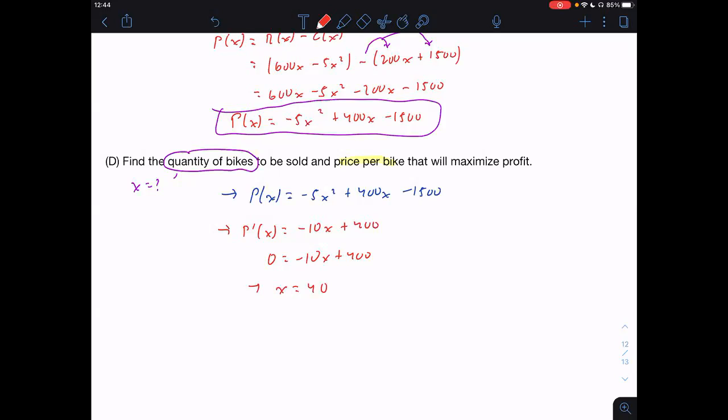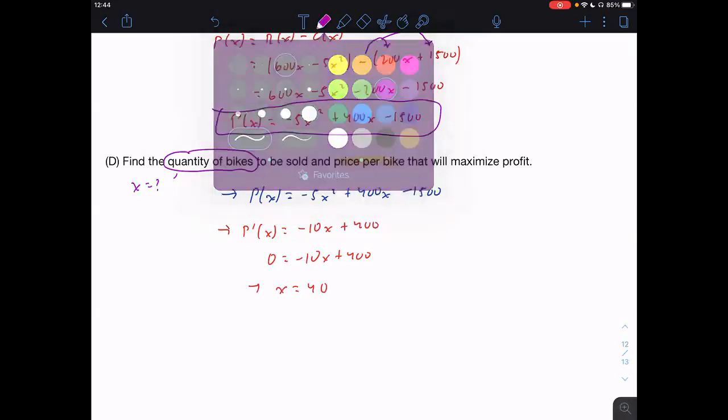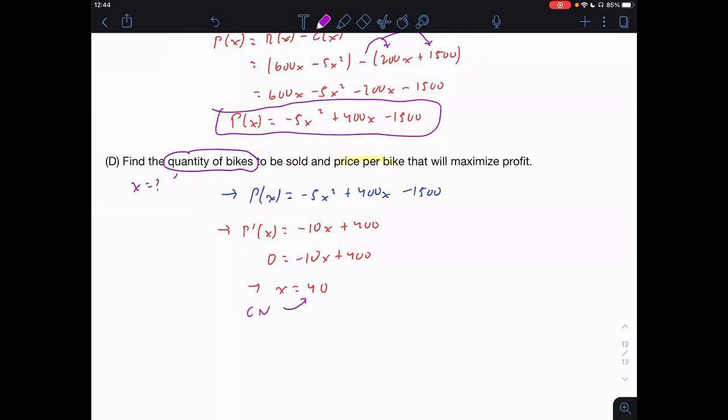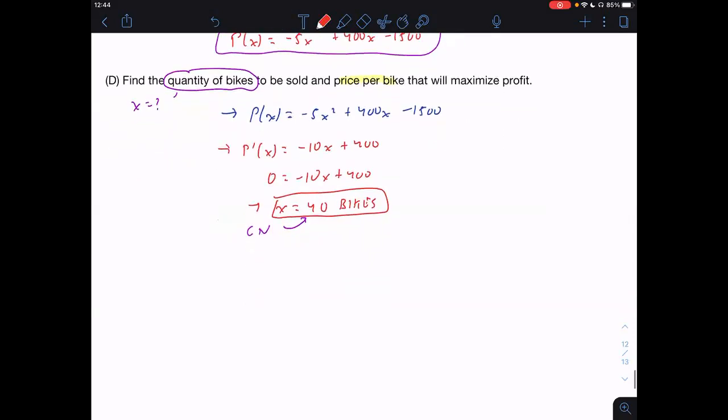Okay. So here we have found our critical number. And what is that critical number telling me? This is telling me, based on what we have here, we're going to have to sell 40 bikes if we want to maximize our profit. But let's check to see if this is truly the maximum point here.